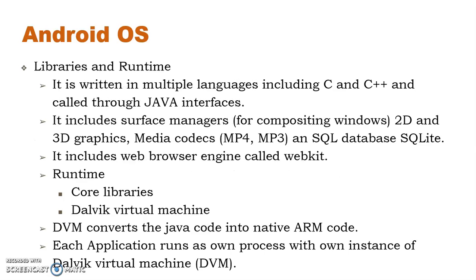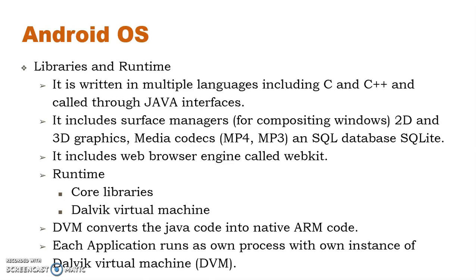Next, libraries and runtime. Libraries are in multiple languages including C and C++, called through Java interfaces. It includes surface managers for 2D and 3D graphics, media codecs like MP4, MP3, and the SQL database, that is SQLite, for accessing the database.